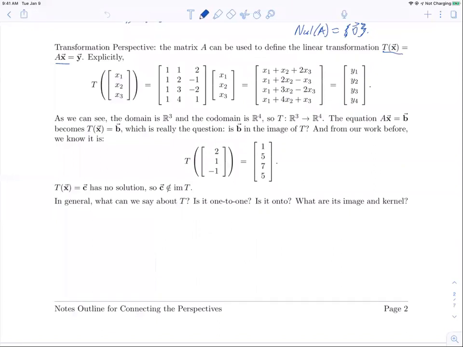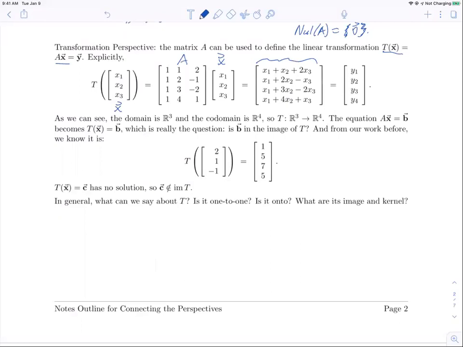If we write that out really explicitly, here's x. This is A. There's x again. So that's A times x. And if we literally do the matrix multiplication out, we get this. So that's what the transformation is doing.